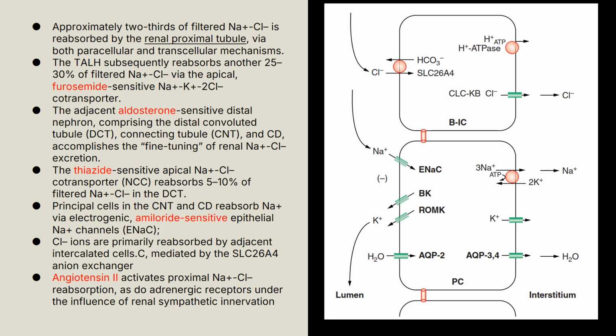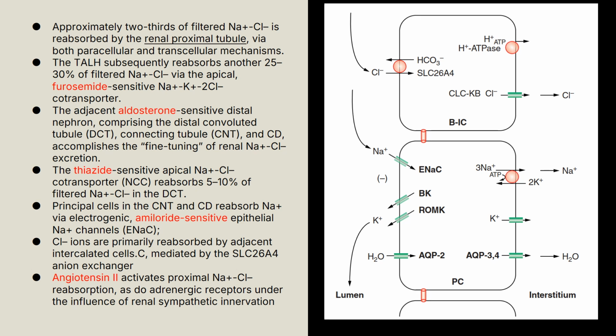The principal cells in the connecting tubules and the collecting duct reabsorb sodium via electrogenic amiloride-sensitive epithelial sodium channels, ENaCs. Chloride ions are primarily reabsorbed by the adjacent intercalated cells mediated by the SLC26A4 anion exchanger. Also, there is the effect of angiotensin 2, which activates proximal sodium chloride reabsorption, as well as other hormones such as adrenergic receptors under the influence of renal sympathetic innervation.